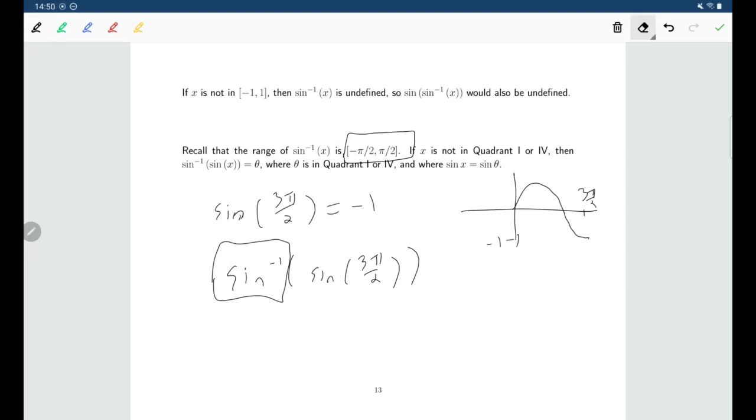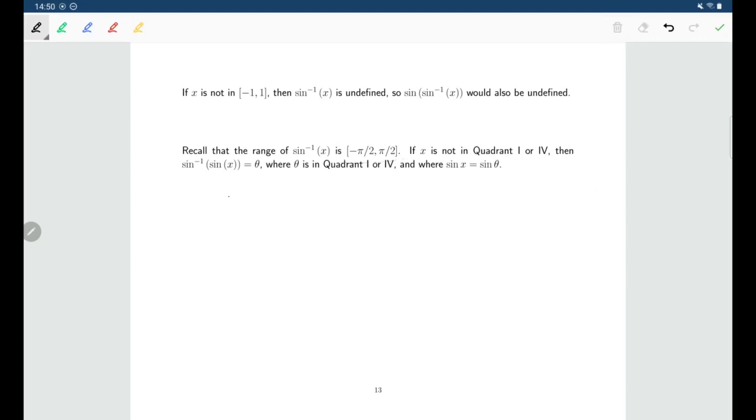So sine inverse is not going to give you 3 pi over 2 as the output. It's going to give you as the output an angle that would also be equivalent to sine of 3 pi over 2. So we know that sine of 3 pi over 2 is negative 1, but 3 pi over 2 is not a value in this interval. We know that negative pi over 2 is a value in that interval and does also have a value of negative 1.